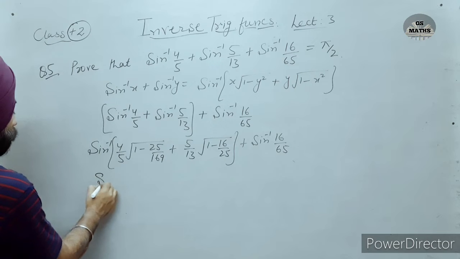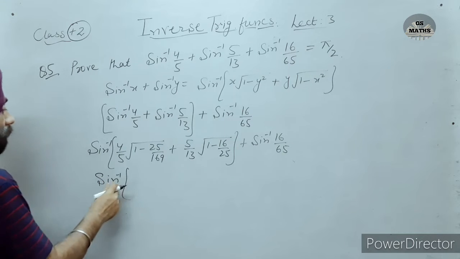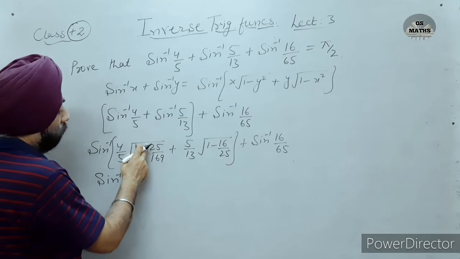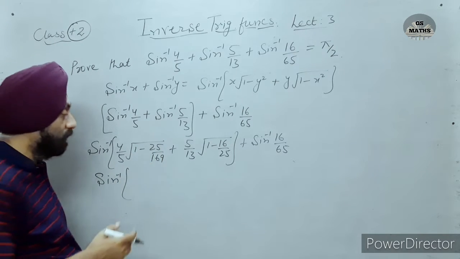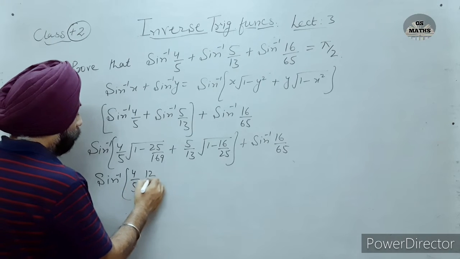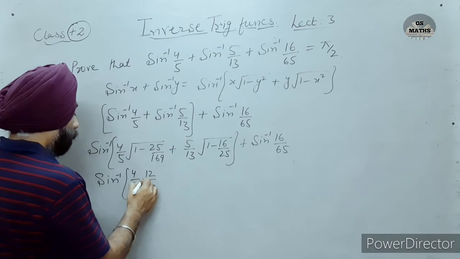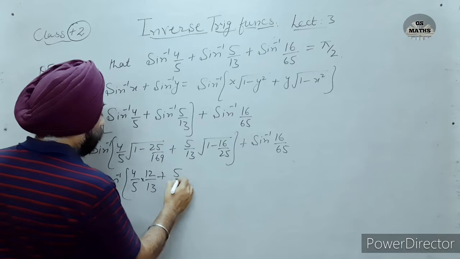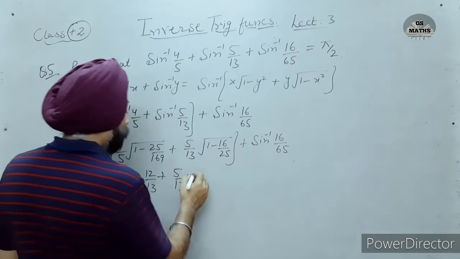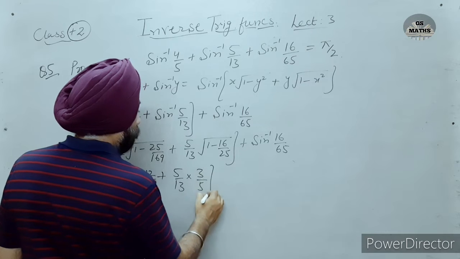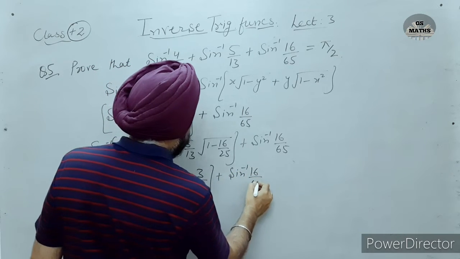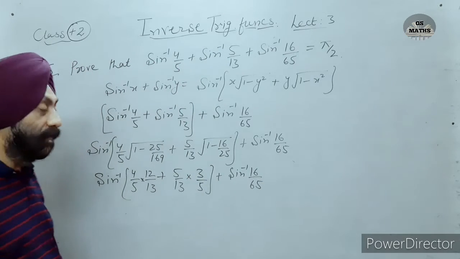Now sine inverse, 169 minus 25 is 144. Under root 144 by 169 is 12 upon 13. 4 by 5 into 12 upon 13 plus 5 by 13 multiplied by under root 9 by 25, that is 3 by 5, plus sine inverse 16 by 65.